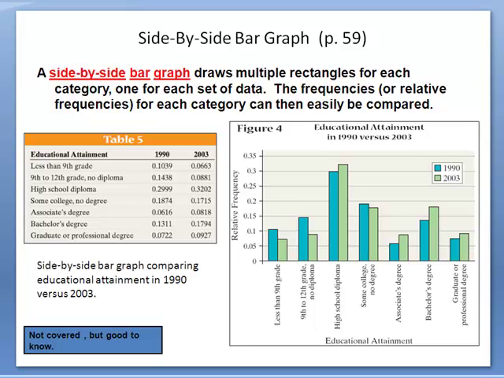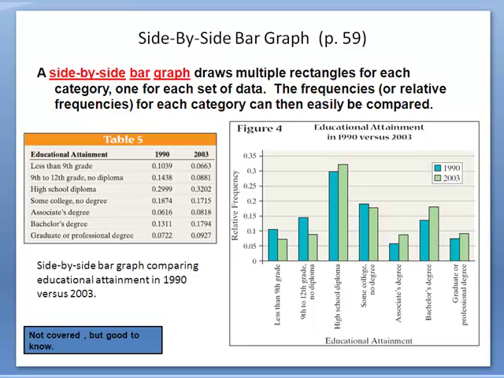I know that we're talking about educational attainment in these 2 years. So in 1990, I'm going to see the educational attainment, then the year 2003, and then we have a clear legend over here to the right as to which one represents 1990 and which one represents 2003. So we can get the relative frequency, or if we multiply each of those by 100, the percent of how many people had less than a 9th grade education.